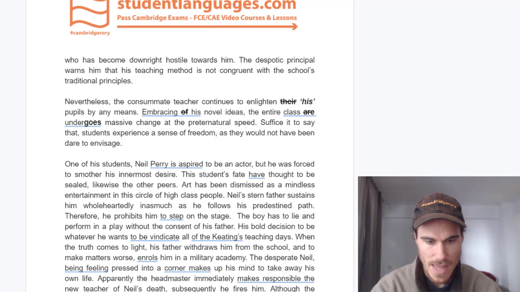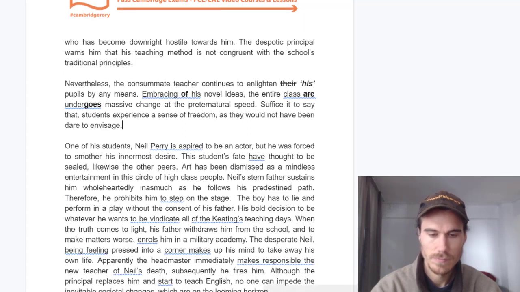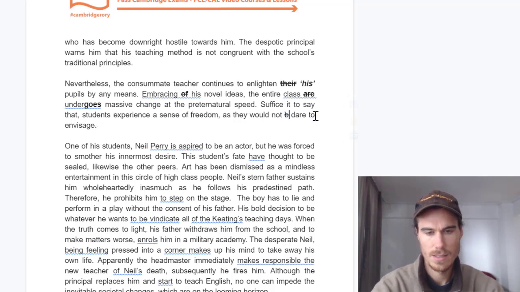Suffice it to say that students experience a sense of freedom as they would not have been dare to envisage, as they would not dare.